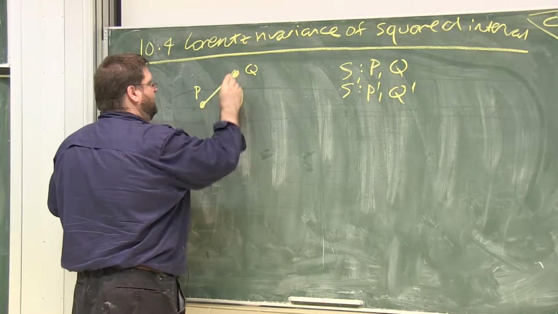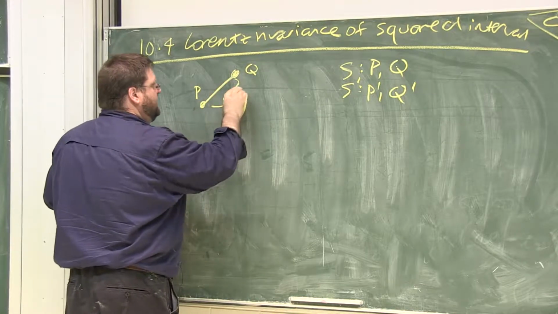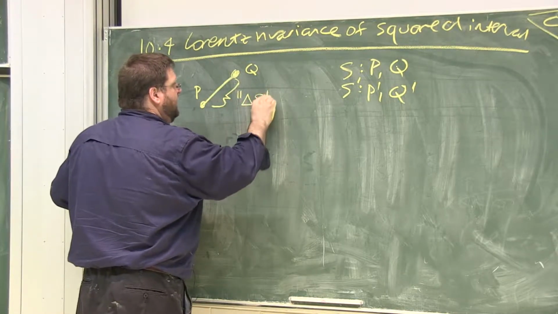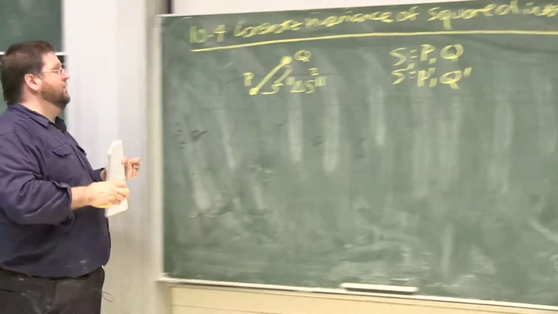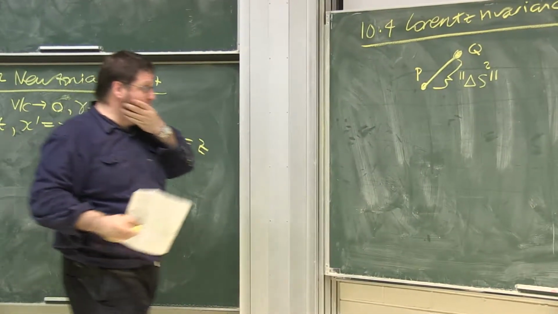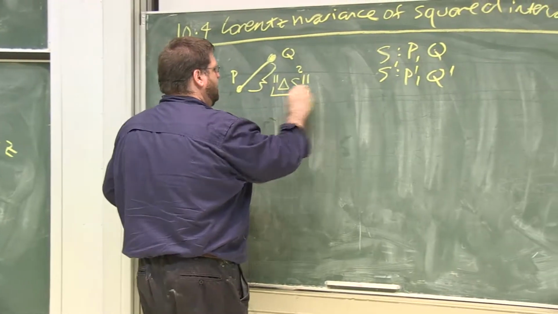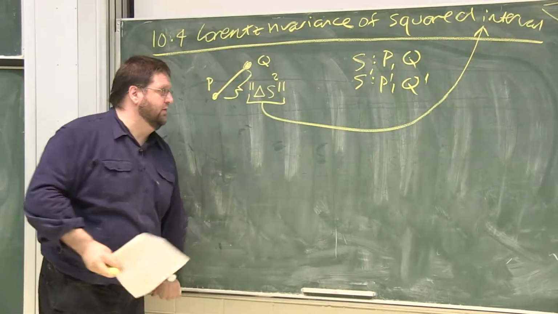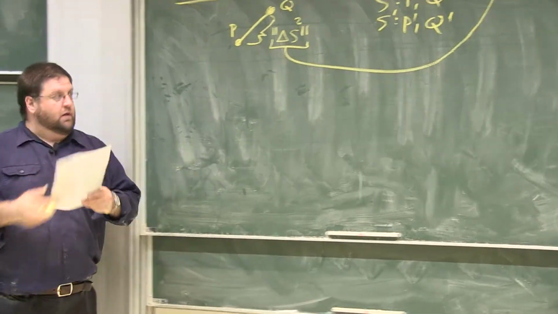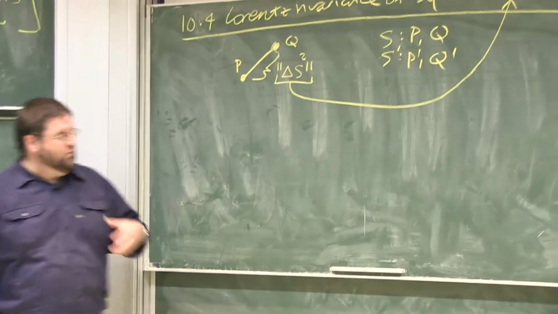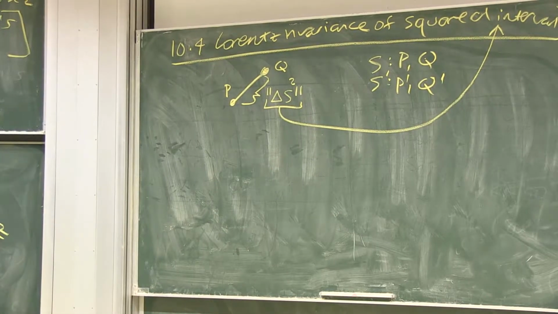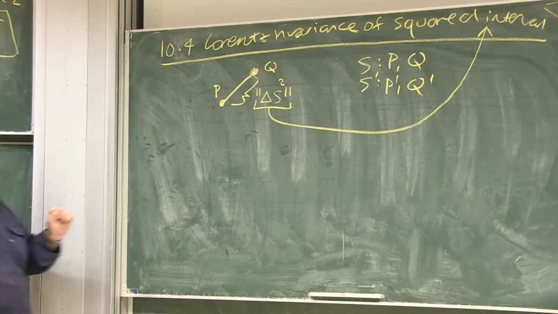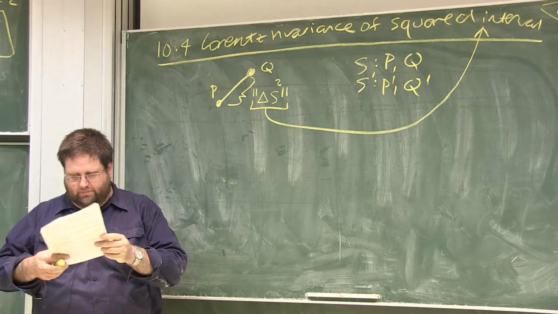But we want some generalization of a squared length, and we're going to call this delta S squared, the so-called squared interval. This is going to be something upon which the observers will agree. Even though they'll disagree on x1, y1, z1, t1, etc., they will agree on this squared interval, delta S squared.